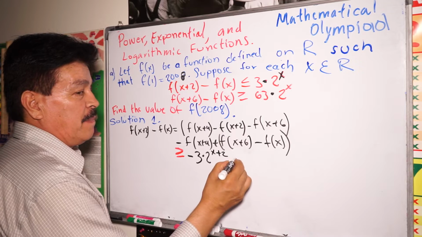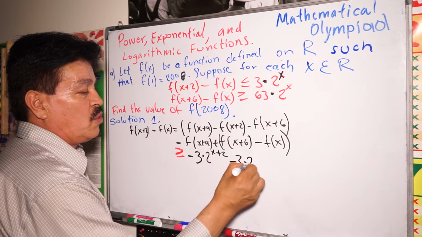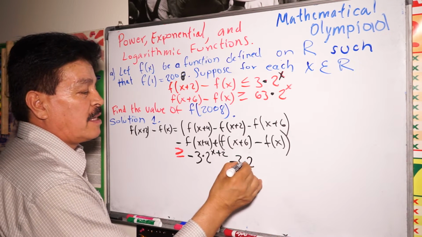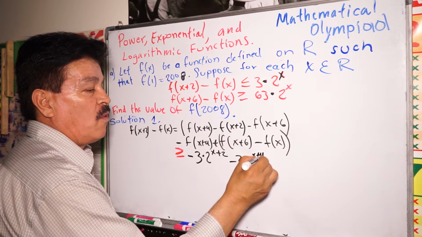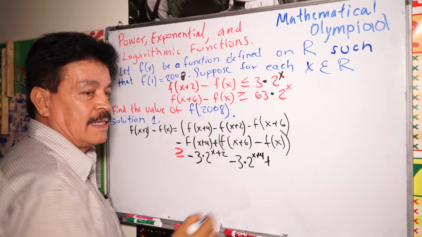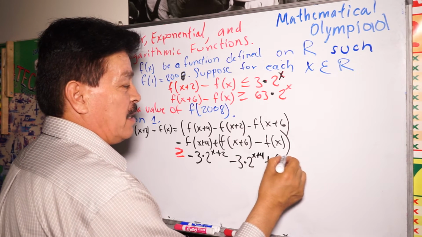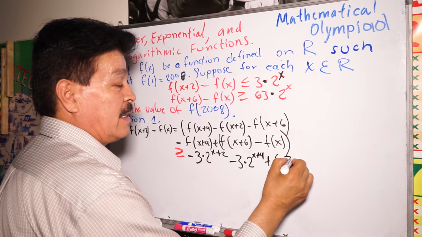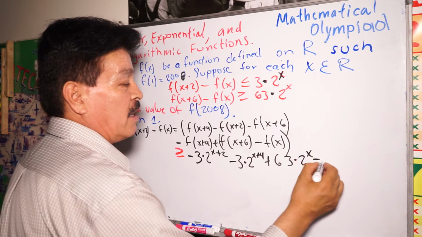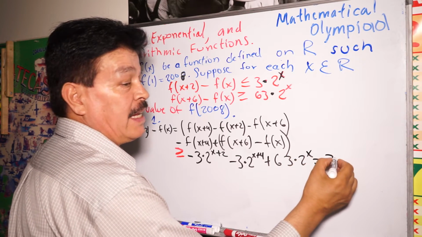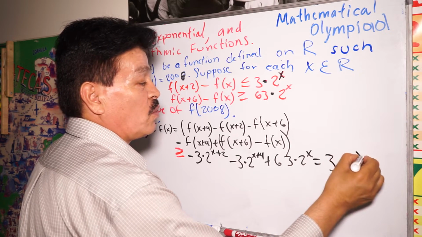Next step, minus 3 times 2 to the x plus 4 power plus 63 times 2 to the x power equals 3 times 2 to the x power.